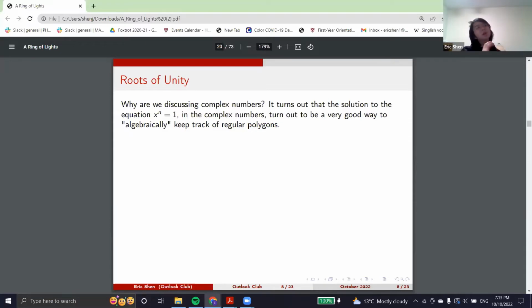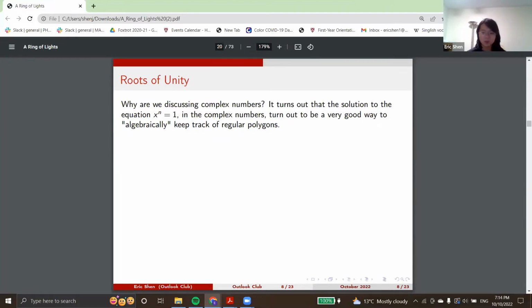We know that multiplying two complex numbers adds their angles. And since exponentiation is just repeated multiplication, we have that the argument of x to the n is equal to n times the argument of x, because exponentiation is repeated multiplication, and so multiplication by n is repeated addition.